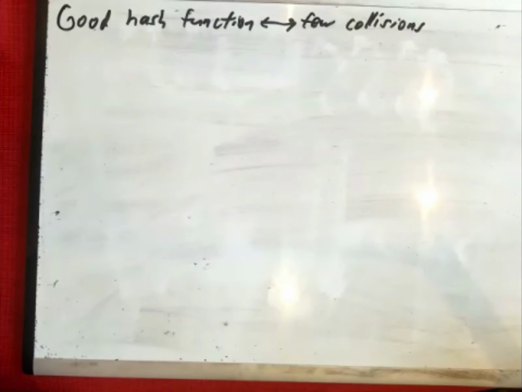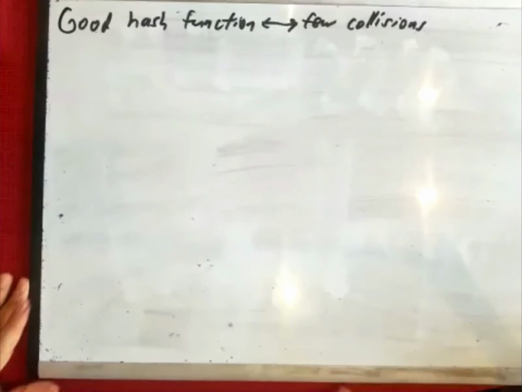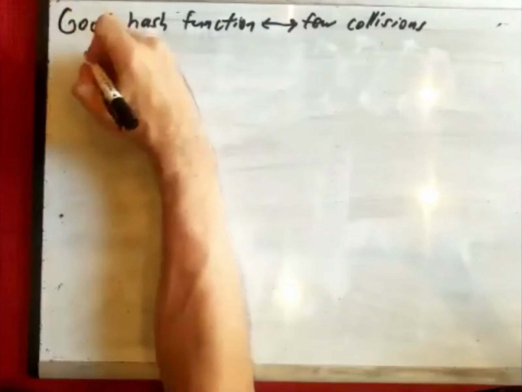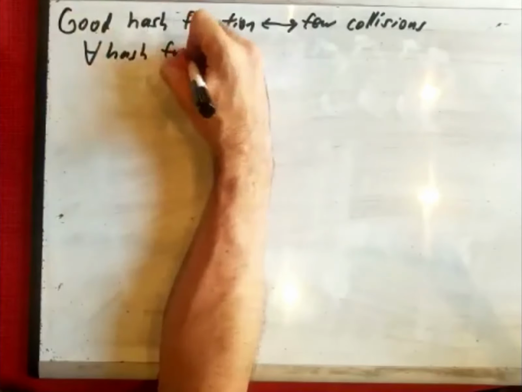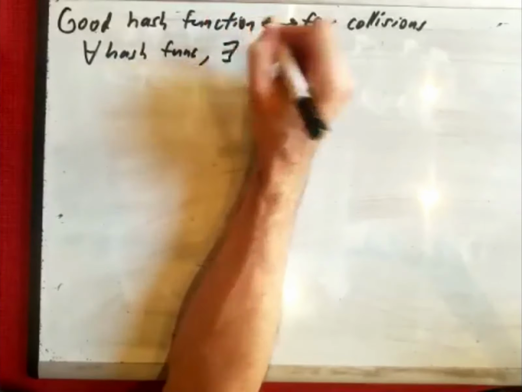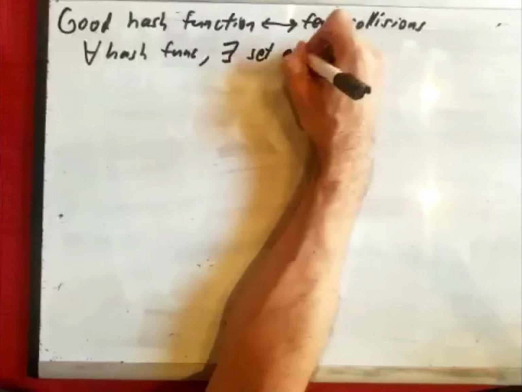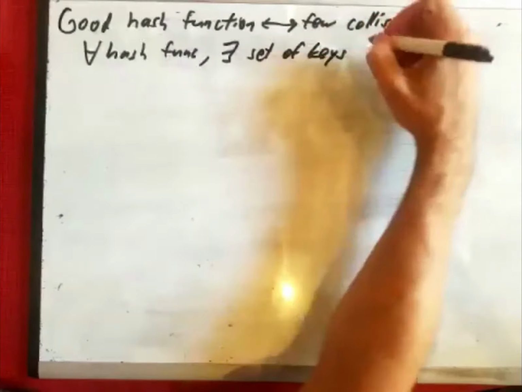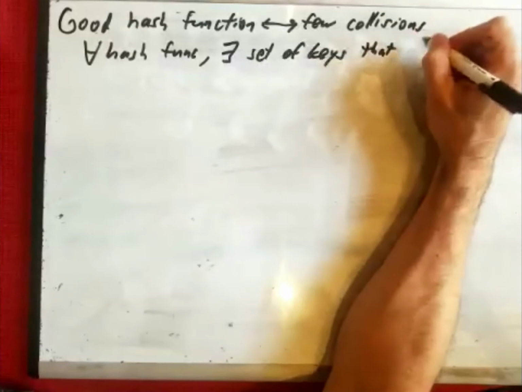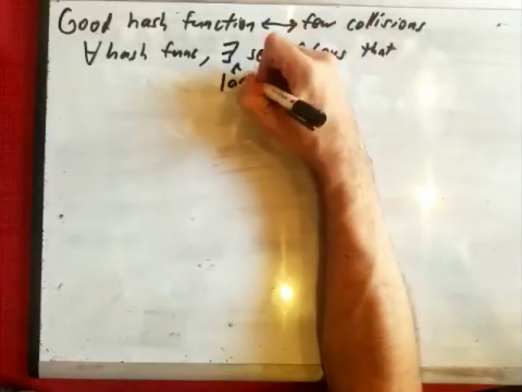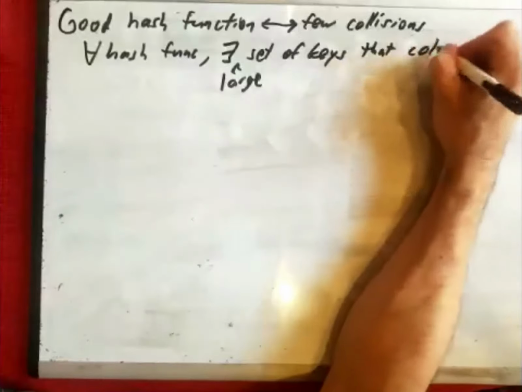Well, if the hash function is fixed beforehand, by the pigeonhole principle, you can't. Exactly. The answer to my question is no. There is no good hash function. For all hash functions, there exists a set of keys that collide, a large set of keys that collide.